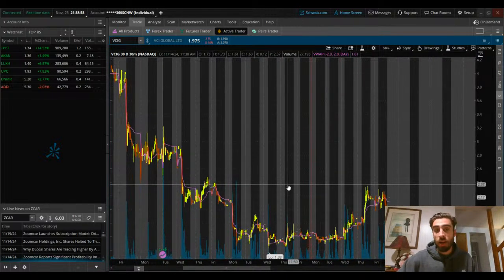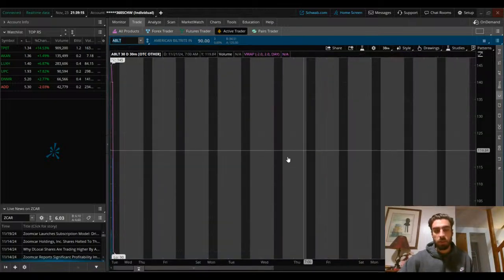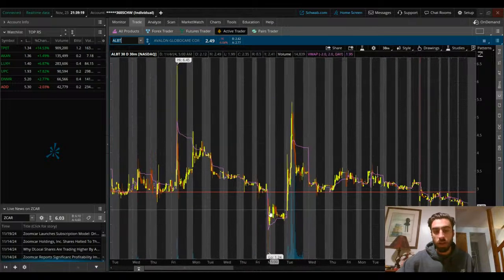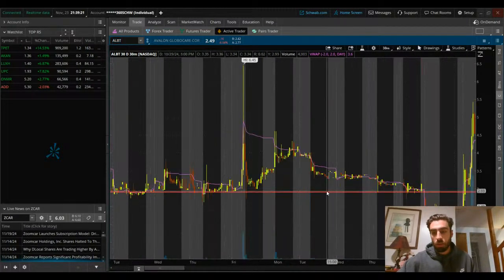Of course, any stock that's near a dollar, I'm seeing this like $1.30, $1.40 range. So this is VCIG, makes a low at 1.38, and then it's slowly grinding up, went all the way to 2.33. ABLT or ALBT, again, near 1.